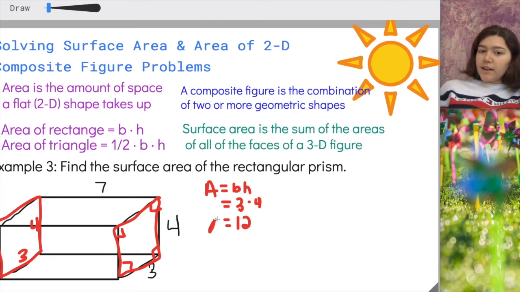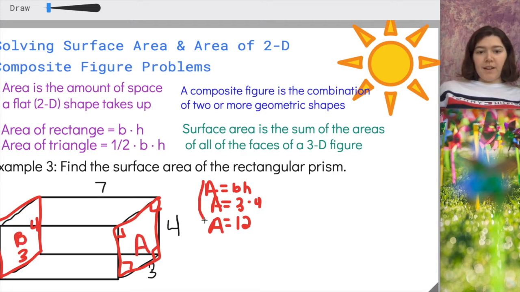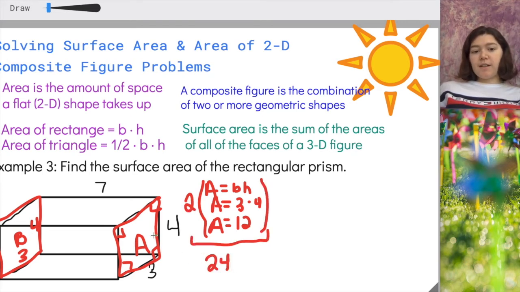Okay, so that's the area of, we'll say, side A here, and side B. So I have 2 of them, so I'm going to multiply that by 2. So in total, we're going to have 24 units squared from side A and side B.